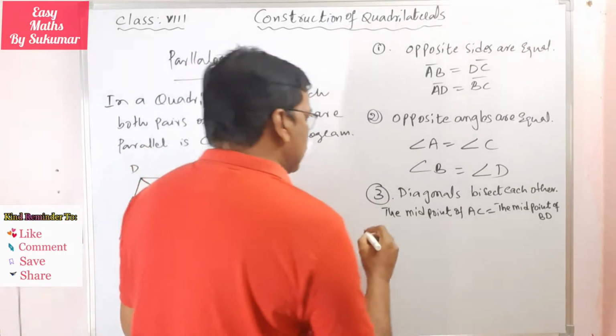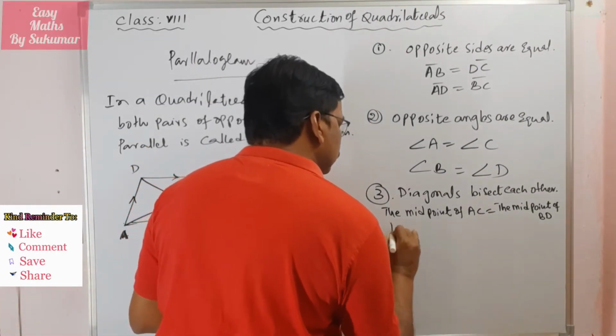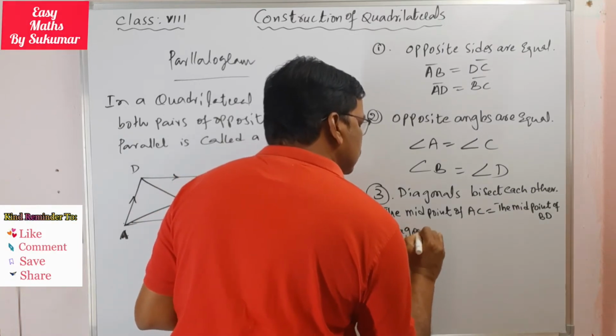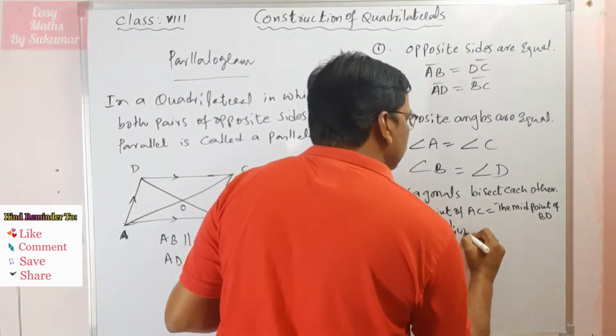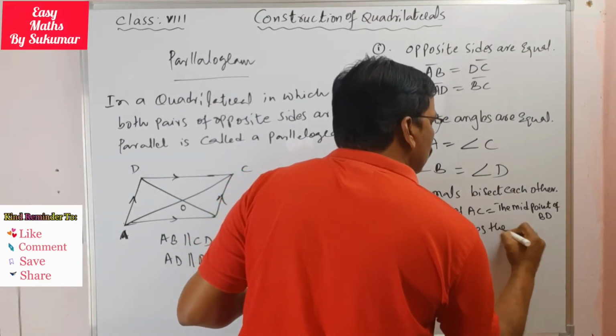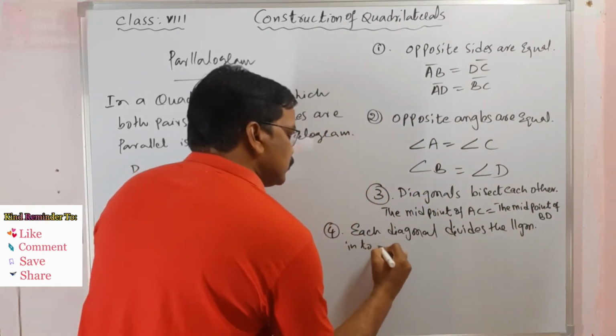Coming to the fourth property, my dear students, each diagonal divides the parallelogram into two congruent triangles.